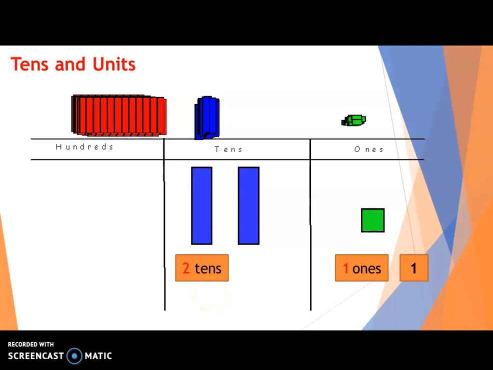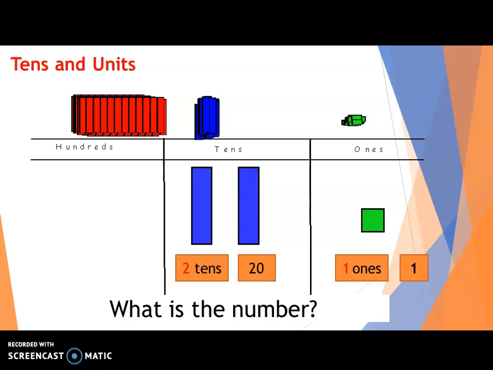If we put together 2 tens, that is equal to 20. So 2 tens is equal to 20, and 1 one is equal to 1. If you're going to put together 20 and 1, what is the number? 20 plus 1, so we have 21.